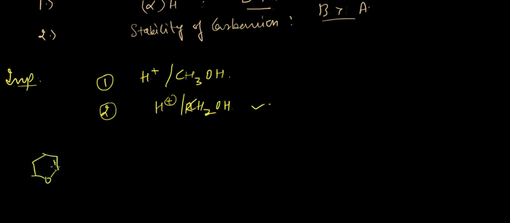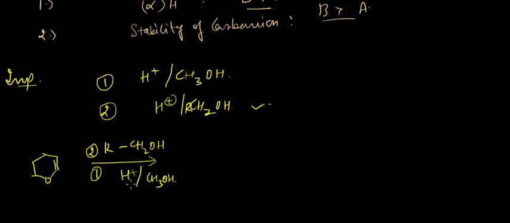We have this, and we are passing RCH2OH in the second step, and let me write down the first step first. The first step would obviously be H plus, and the second step is this. So in the first step, the alkene will show an addition reaction towards H plus and will form a positive charge here.